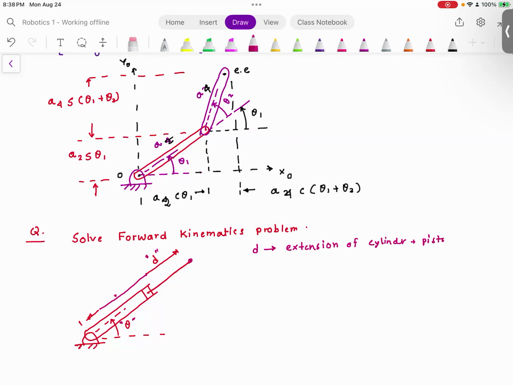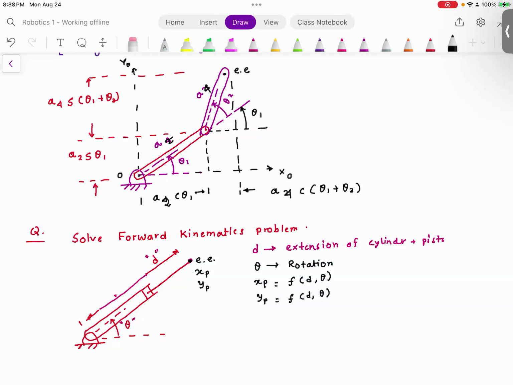And this is the end effector. And theta is the rotation. You have to find the position of the end effector, xp and yp, as a function of d and theta.